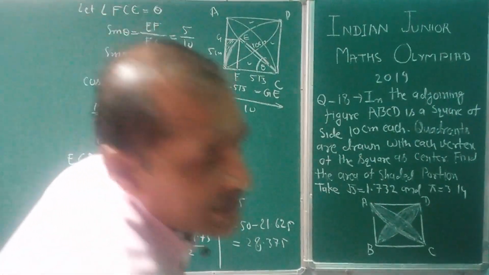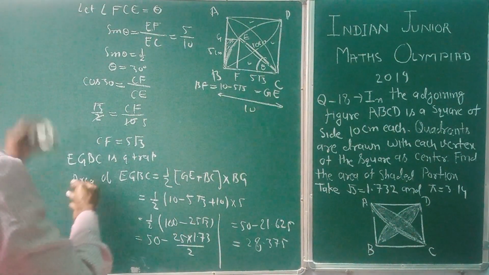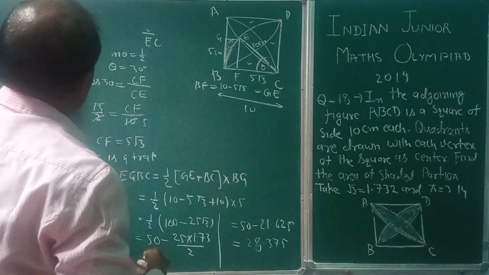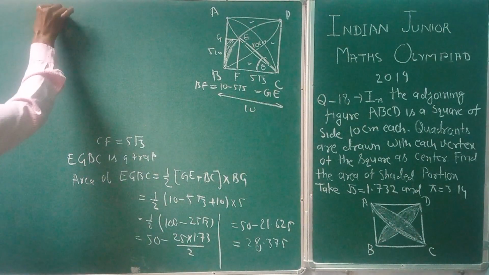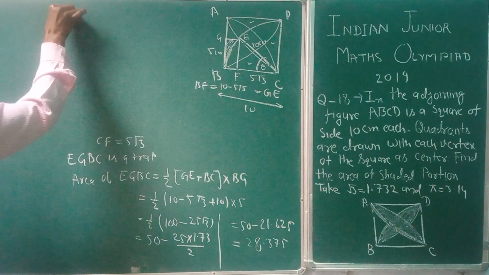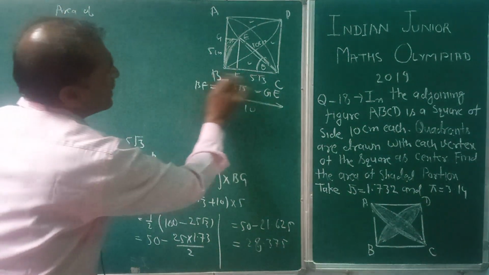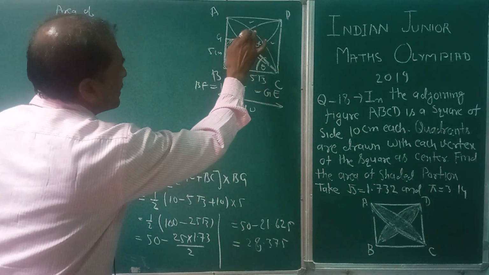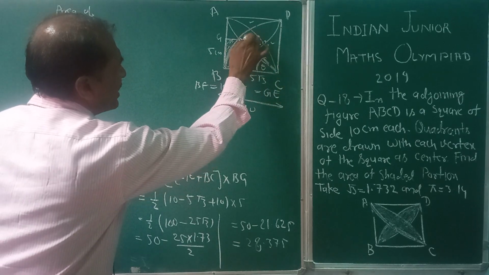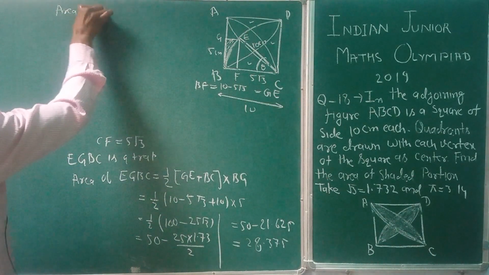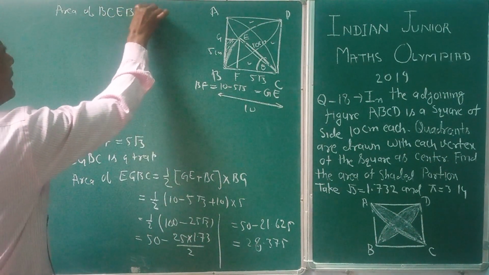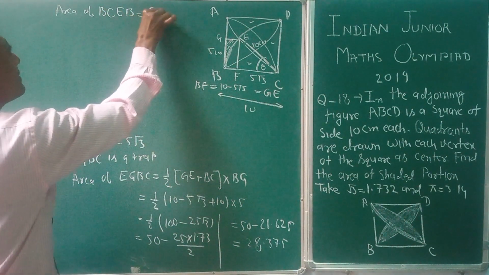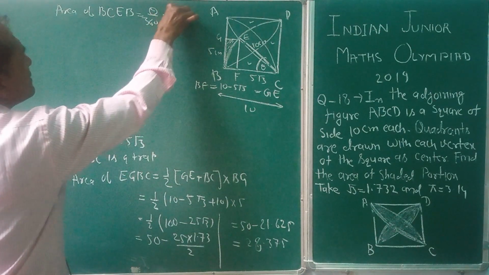So we need some space, so I'll rub this. Now area of the circular part, area of BCEB. Area of the part is theta upon 360 into pi r square.